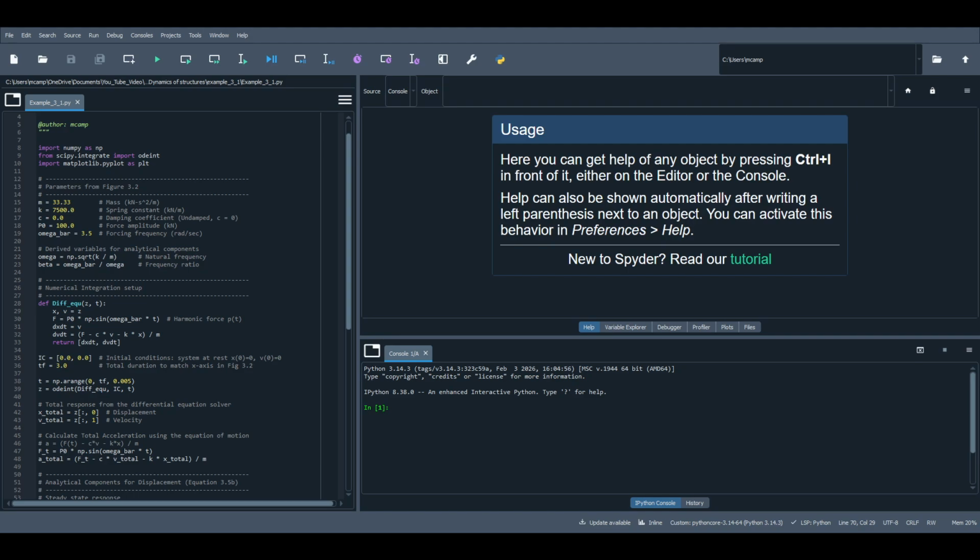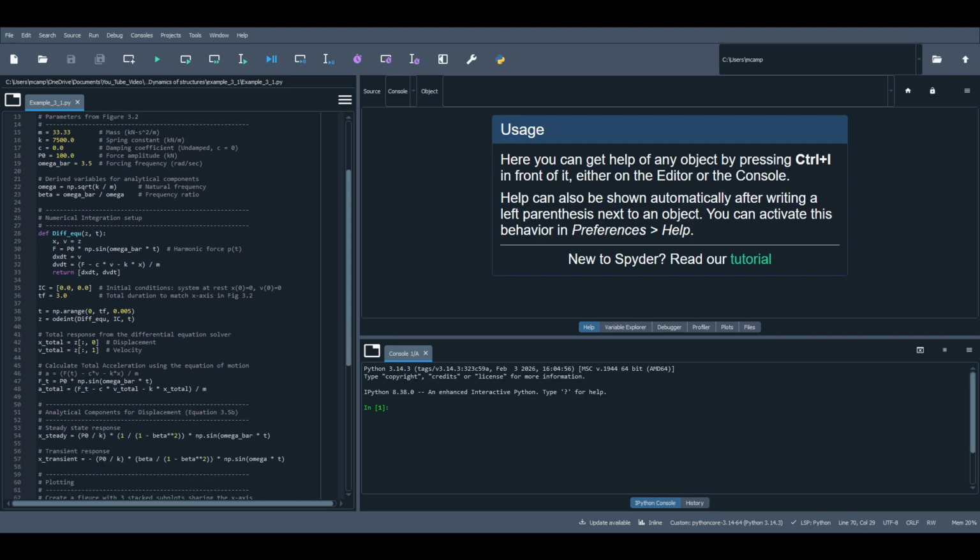Omega bar is the frequency of the harmonic force. Here they write the value of omega and beta.